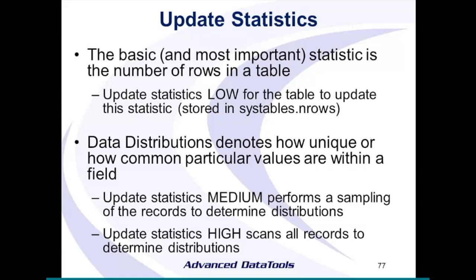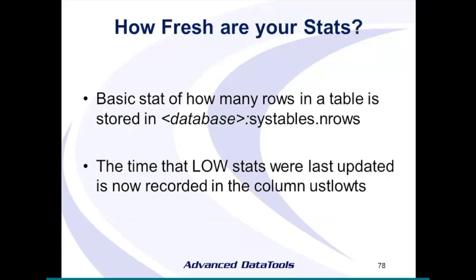So let's look at how fresh your stats are. Now, this is a newer thing: when update statistics low is run against a table, inside the systables nrows column within the database, it now writes the time that those statistics were updated in a column called ustlowts, the timestamp.